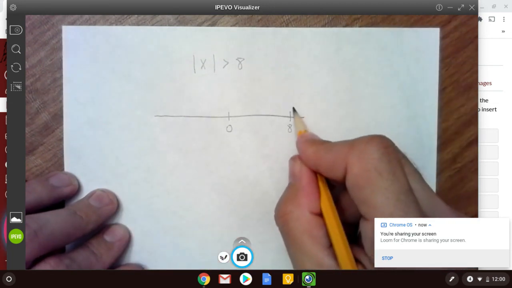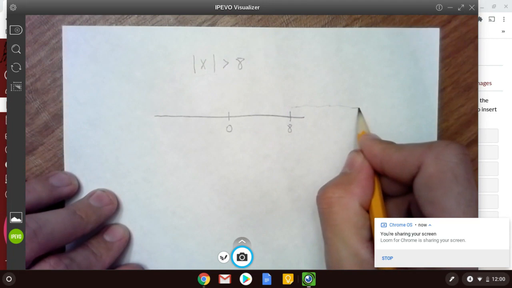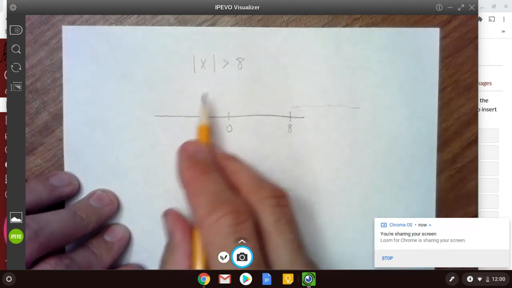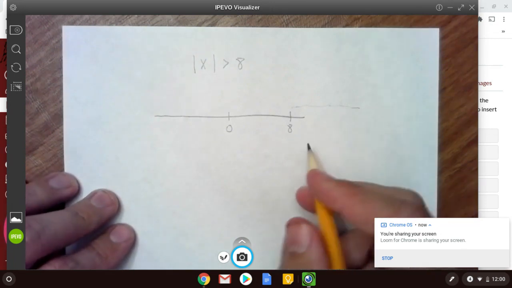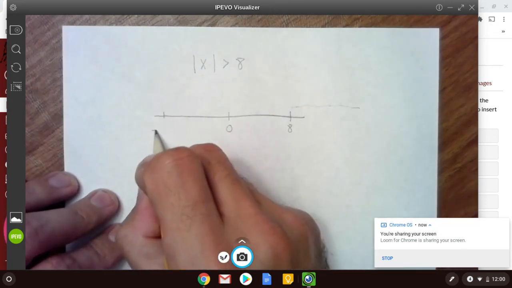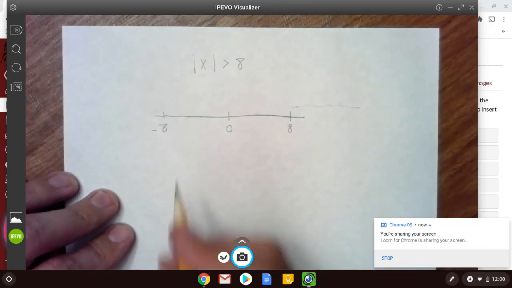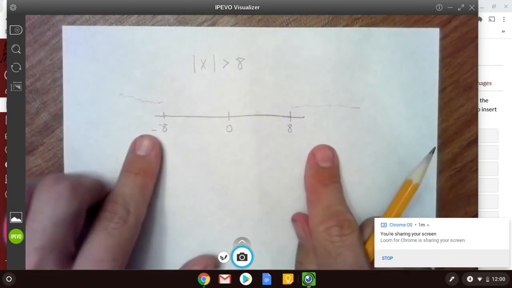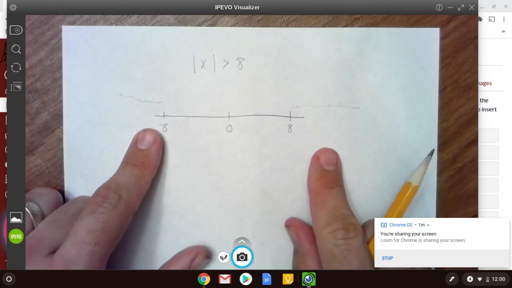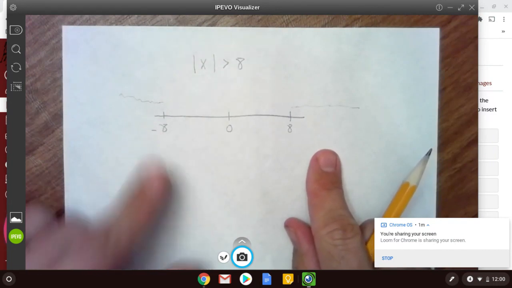So all the numbers that are past 8 have a distance away from 0 that's greater than 8. But also all the numbers out here, past to the left, that are less than -8, they also have a distance from 0 that is greater than 8.